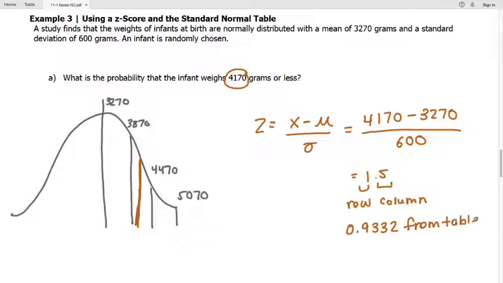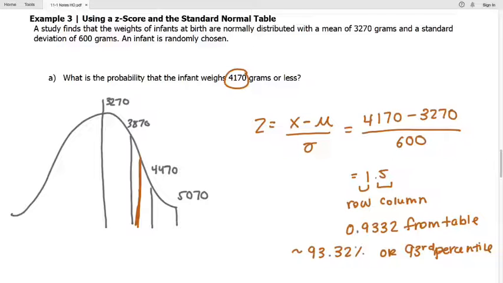So the probability that the infant weighs 4,170 grams or less is about 93.32%. We would call this the 93rd percentile. That baby was born in the 93rd percentile.